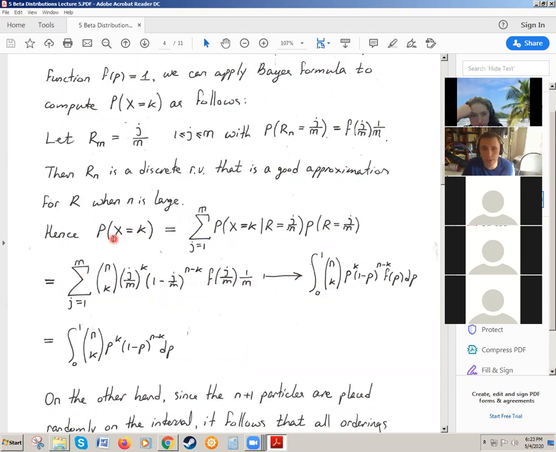So again, you understand that if I dealt with a discrete random variable, I just condition on all possibilities of r. It's very easy to calculate the probability that x equals k, given that I know what r is, as I showed in the picture above.